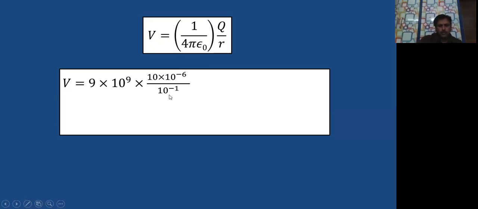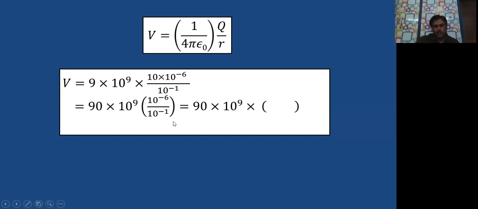I hope this substitution is clear. This is 1 by 4 pi epsilon 0, this is Q value, this is R value. What is 9 tens are? 90. 10 power 9 as it is. In the bracket, 10 power minus 6 by 10 power minus 1 is 10 power minus 5. Yes or not?